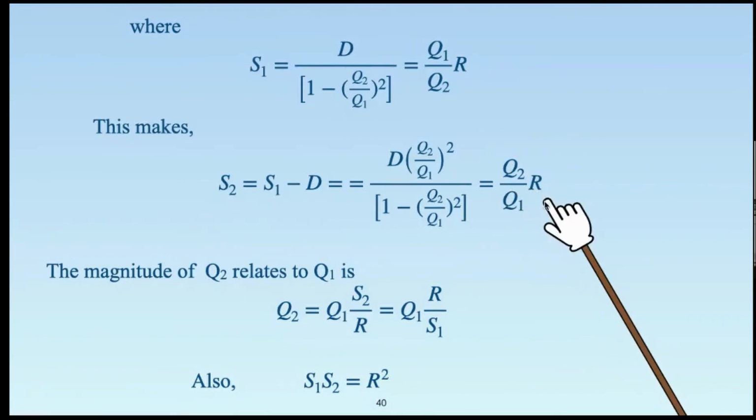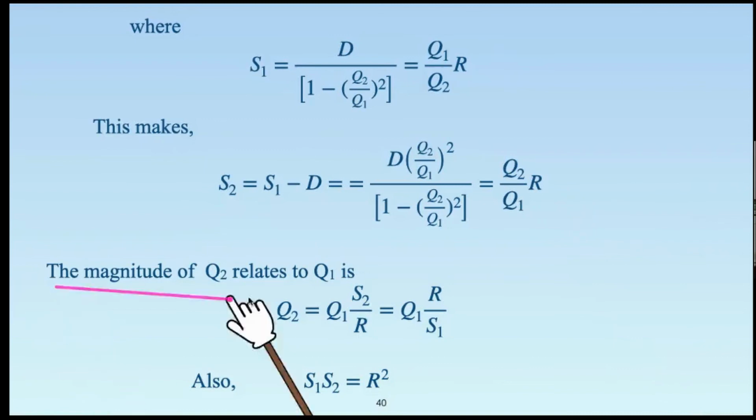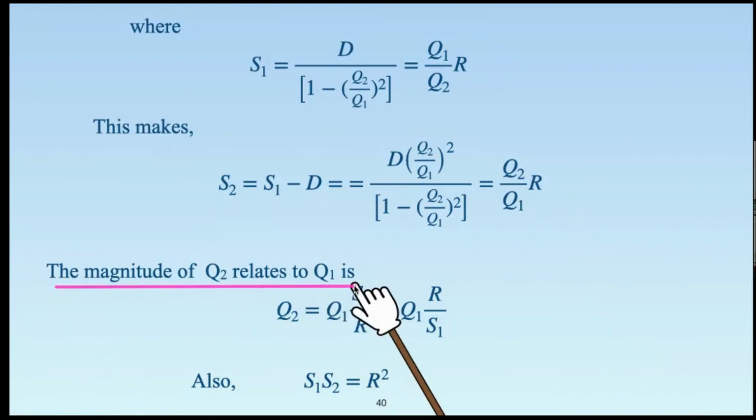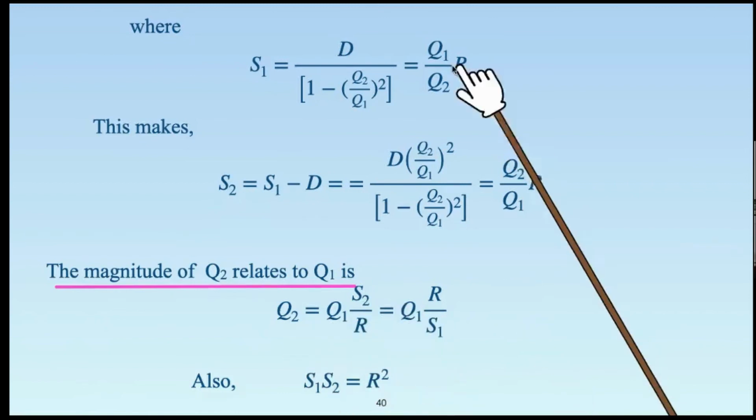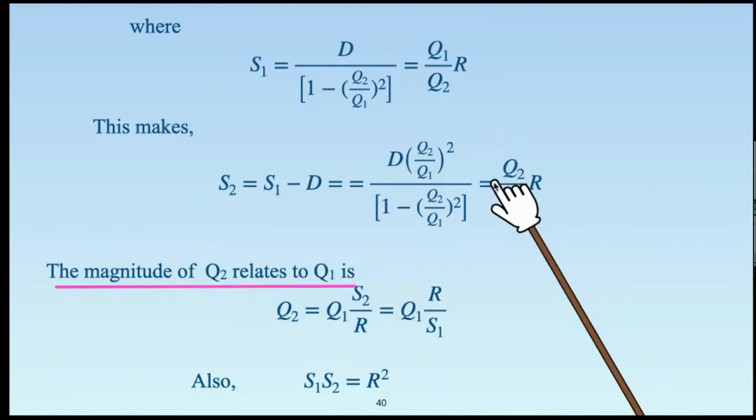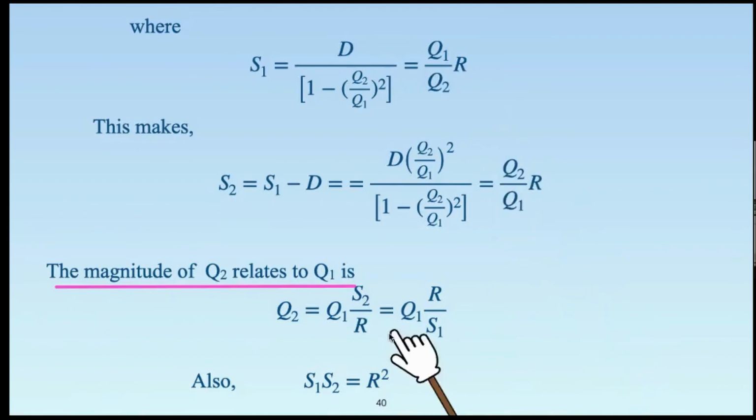This will take us to the relationship between the magnitudes of Q1 and Q2. We can express Q2 as equal to Q1 S2 upon R from these two equations. If we simplify and substitute, you will be able to obtain Q1, Q2 in terms of either S2 and R or S1 and R. So Q2 is equal to Q1 S2 upon R or Q1 R upon S1.